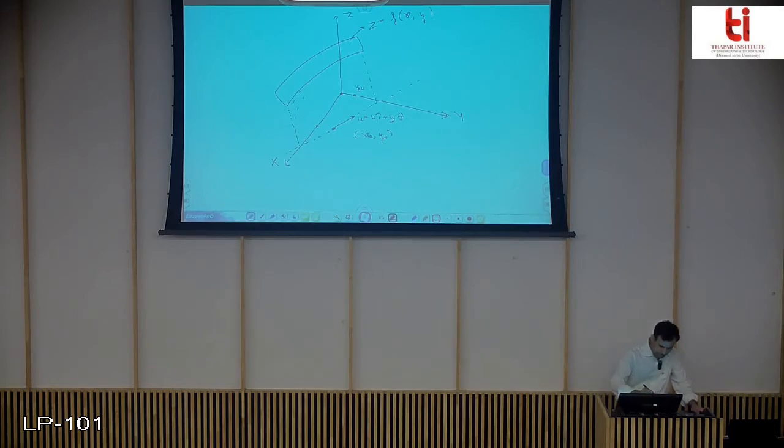So this is the plane parallel to your unit vector and passing through point x0, y0, and corresponding to x0, y0, when you have this plane, this is a plane parallel to unit vector u, okay? And when it intersects the surface, say it intersects the surface on this curve.